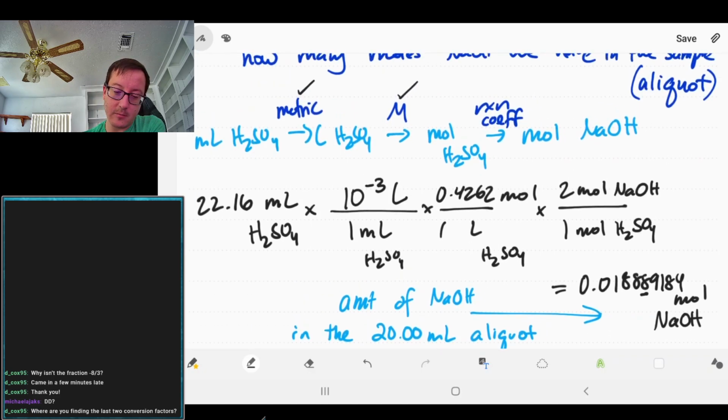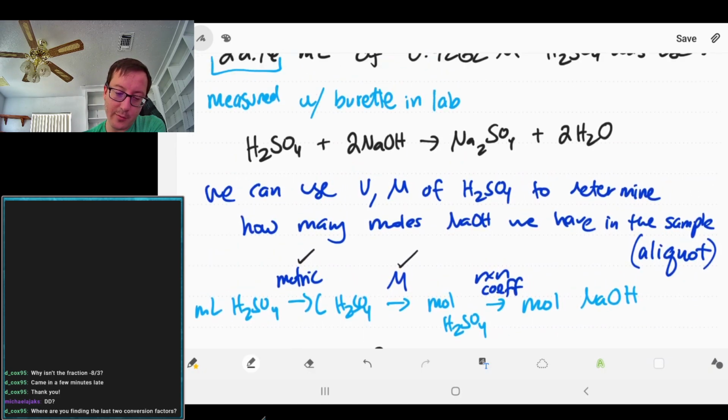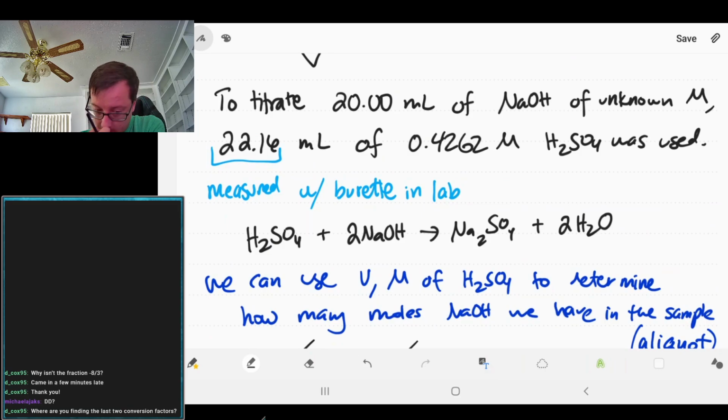All right, so this was our problem. We had an exact volume of mystery solution B. We had an exact concentration of solution A, and we figured out, again, I'm giving you the numbers because obviously we're not in lab right now, that we needed 22.16 milliliters of this solution to react.